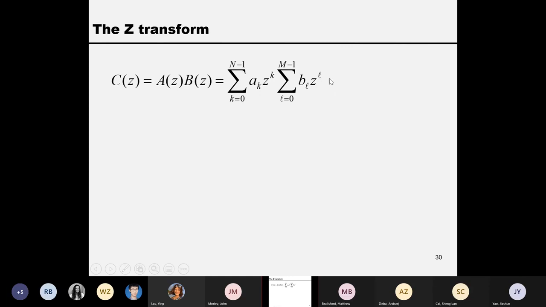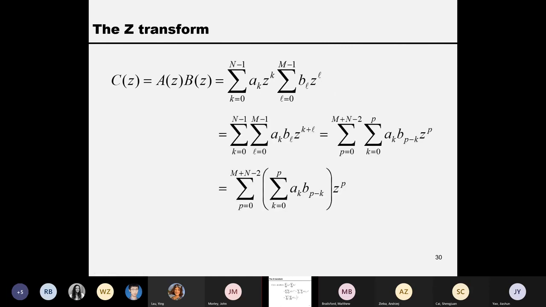If we multiply these two, with simple manipulation, because these are polynomials, you can simply put them together. So k from 0 to N minus 1, and l from 0 to M minus 1, you have A_k B_l Z^(k+l).